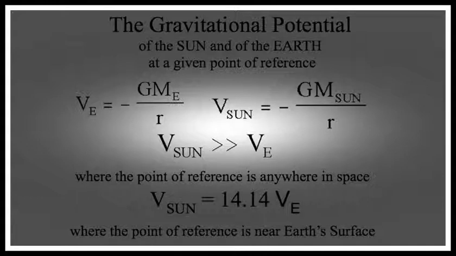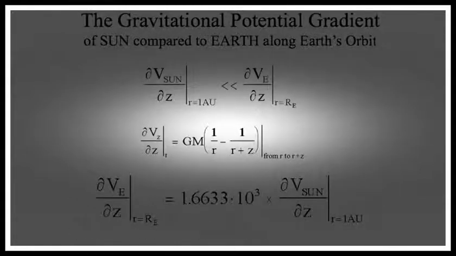If you note the gravitational potential of the sun and the Earth, at any given point in space, the sun always wins over. But the gravitational potential gradient, that's a different story. The gravitational potential of the sun is equal to approximately 14.14 times that of the gravitational potential of the Earth. That's key. Keep that in mind. But next, we look at the gravitational potential gradient.